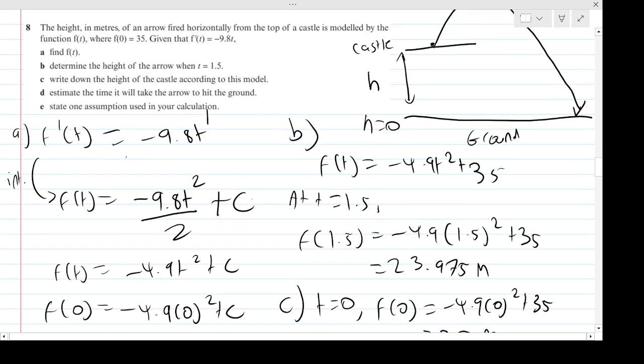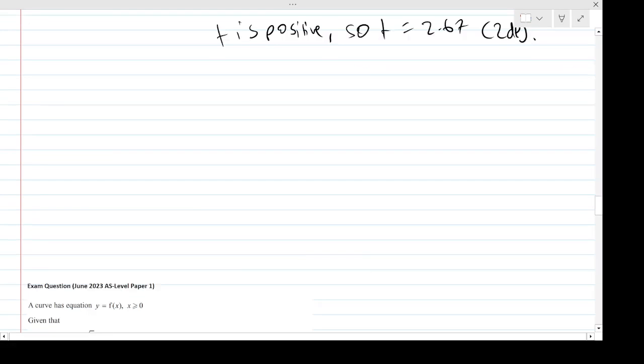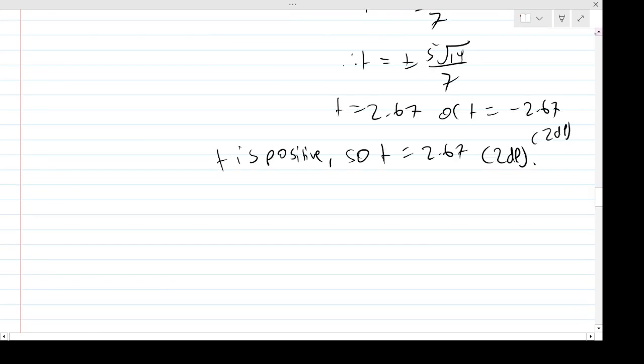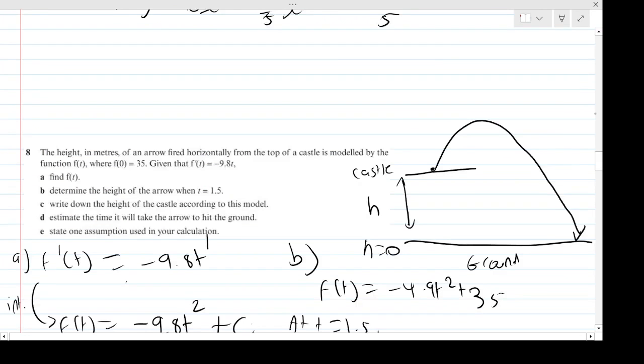The height is in meters, but for t it just says t. Weird. I just leave it as that then. There's no units apparently. So t is 2.67. Okay, part E, that's just finding the root essentially, so that would be 2.67 there, when it hits the ground in time.